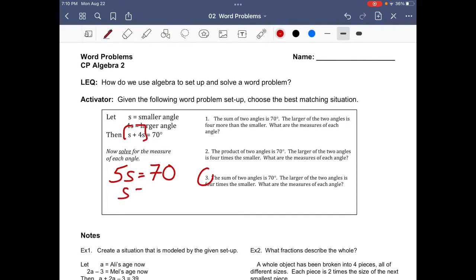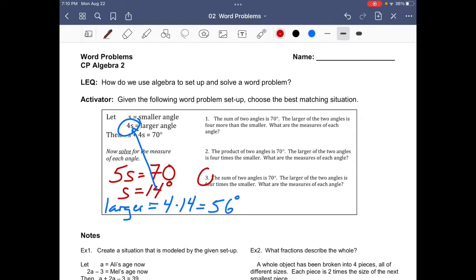Now, what we want to realize is that s is indeed the smaller angle, 14 degrees, but the larger angle, as it shows up here, the larger angle is 4s. And so we're going to need to find the larger angle by, you might say, plugging back in. You could plug 14 back in here, or just a basic 4 times 14, and that gives you 56.